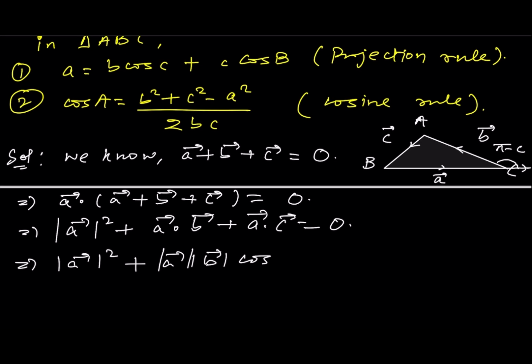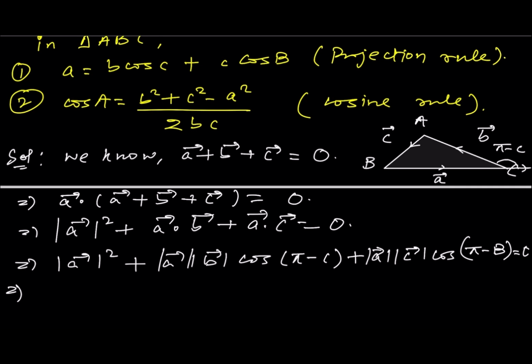Angle is formed where rays are diverging. Okay, so I think this is not bothering you. So this is pi minus C. Similarly, a dot c is mod a mod c cos of the angle between a and c, which is pi minus B, is equal to 0.